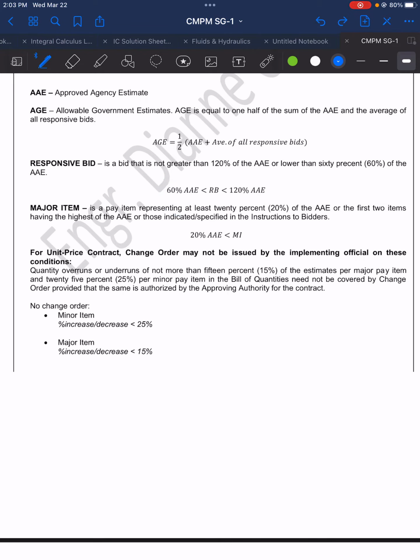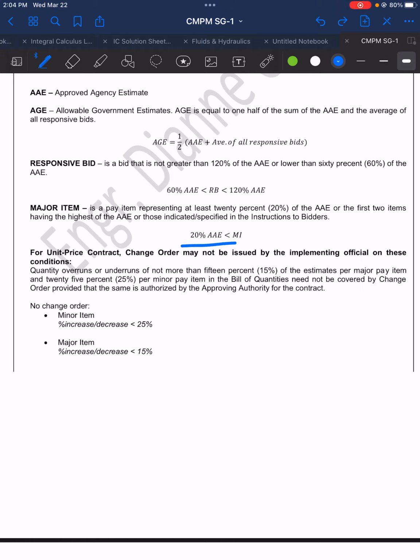Okay, how about major items? Major items are defined as pay items representing at least 20% of the AAE, or the first two items having the highest of the AAE, or those indicated or specified in the instructions to bidders.